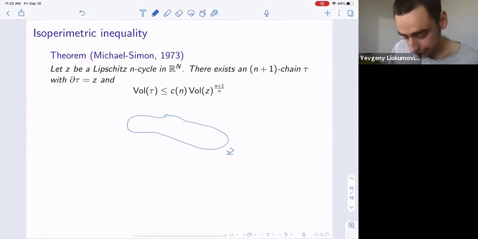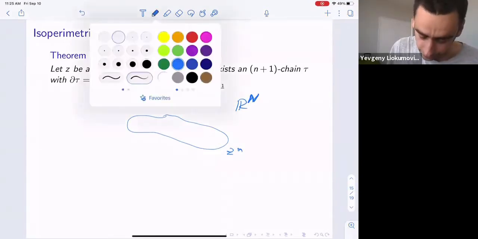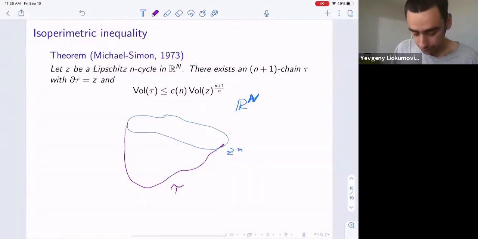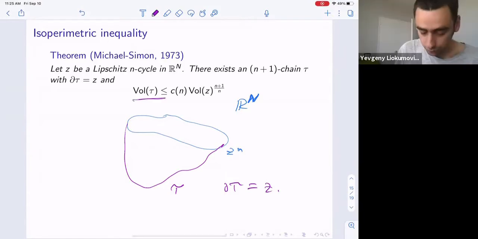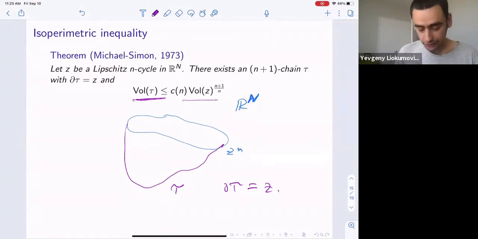So say you have this n-dimensional cycle z in R^M, and then the classical isoperimetric inequality of Michael and Leon Simon says that we can find a chain tau filling this cycle, so the boundary of tau is equal to z, and moreover, the n+1 dimensional volume of tau is controlled in terms of the n-dimensional volume of z, and there's no dependence on the ambient dimension, unlike the Federer-Fleming isoperimetric inequality.